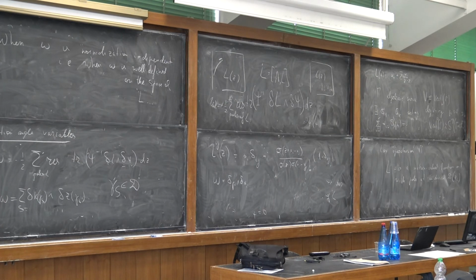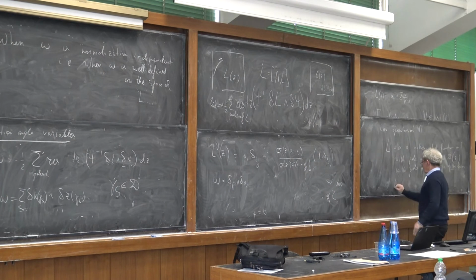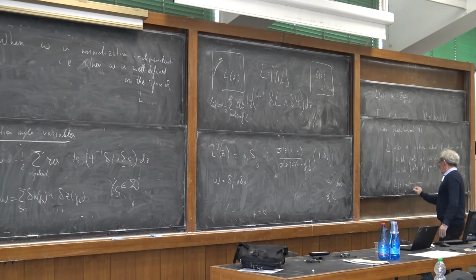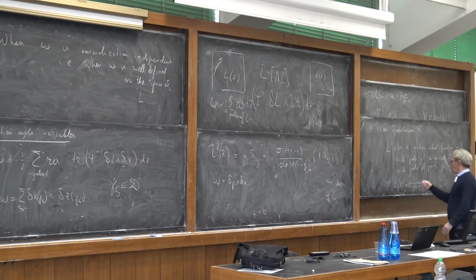But in addition, with poles at points gamma S of the form beta S alpha S transpose over Z minus Z gamma S. So it's a matrix of rank 1.